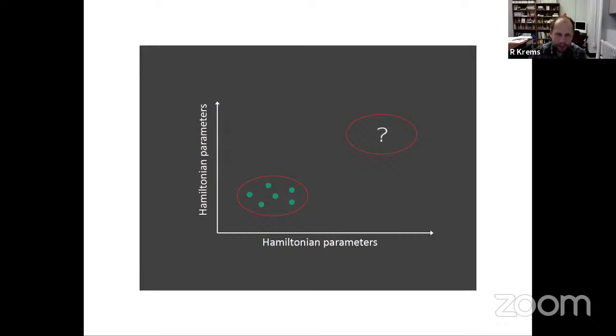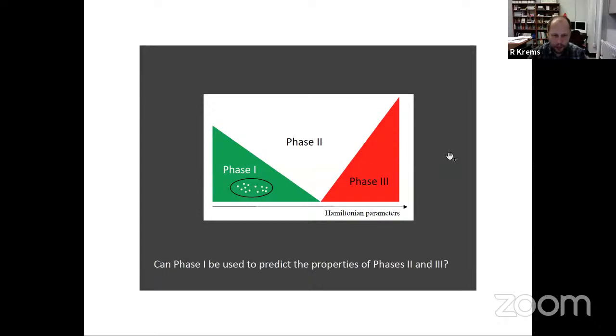And so the problem that we considered in this case was one where, let's say you have a complex system and you know the observables, you know the solutions to the Schrödinger equation in some part of the Hamiltonian parameter space, and you want to make predictions of the same observables at some other part of the parameter space. And to make matters more interesting and more complex, we wanted in particular to see if one could design models of this kind that could extrapolate across phase transition lines.